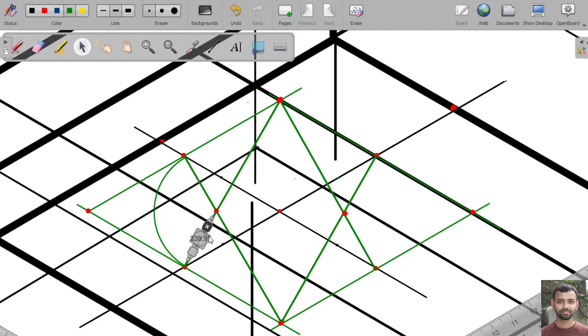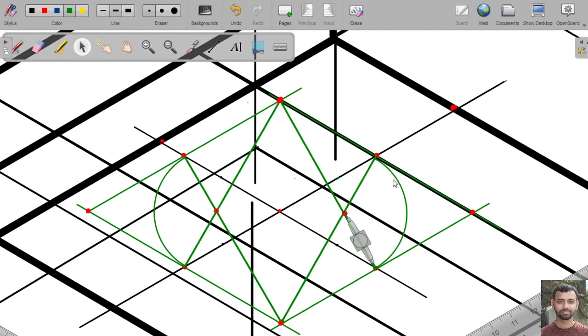Clear? Similarly, next we will take this point as a center point and this one as a radius. This one or this one, any one, as a radius. Then we will draw it, and this is another radius.